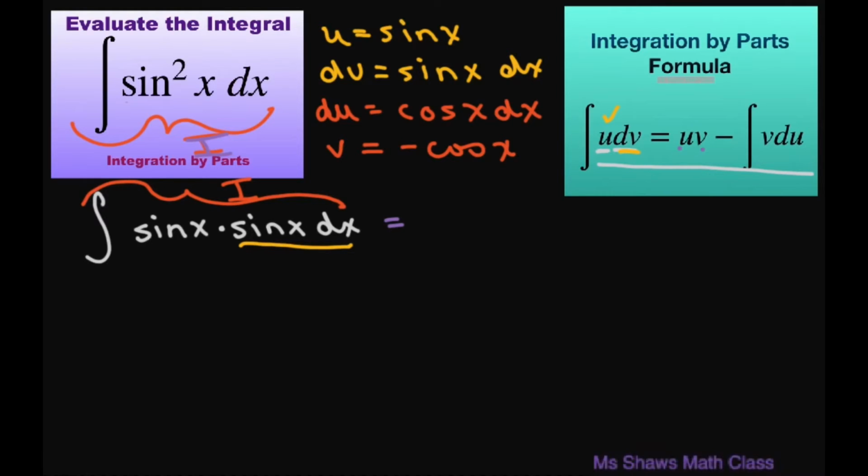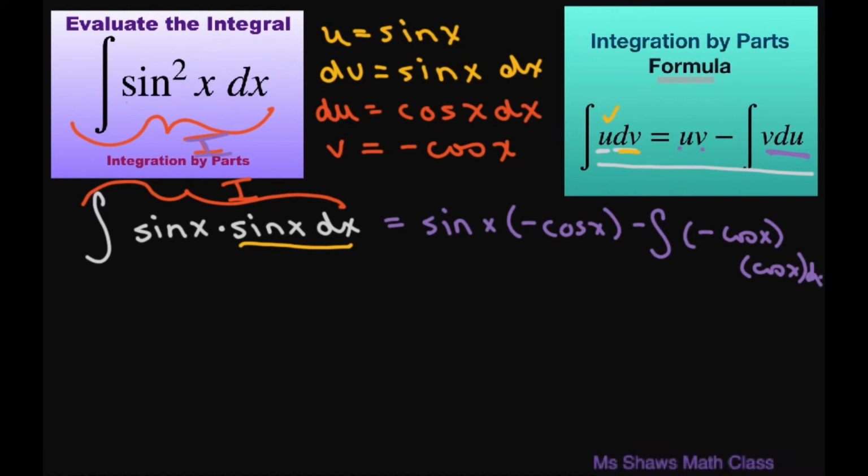I have u times v, so that's going to give you sine of x times negative cosine of x minus the integral of v du. So v is negative cosine of x, and du is cosine of x dx.